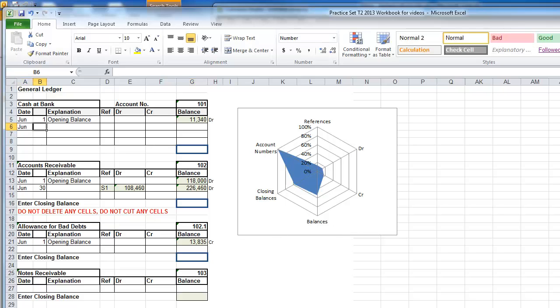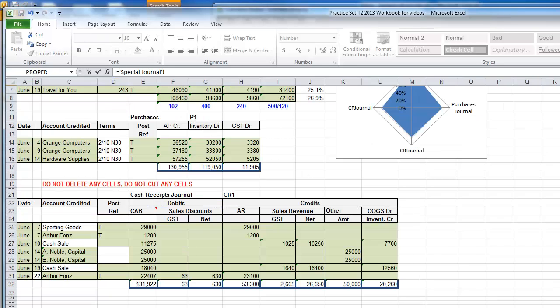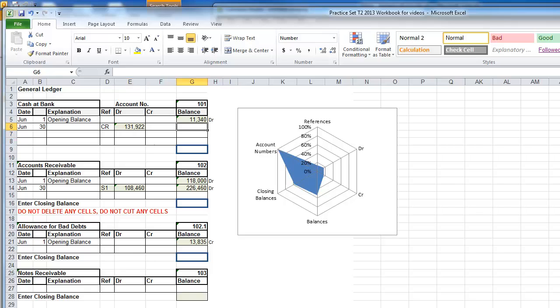June 30, and it's the cash receipts journal. We know it's going to be a debit. Special journals cash receipts 131922, and again we know that's right. That's going to increase our balance to a bit over 140,000. Right, that bit is done.